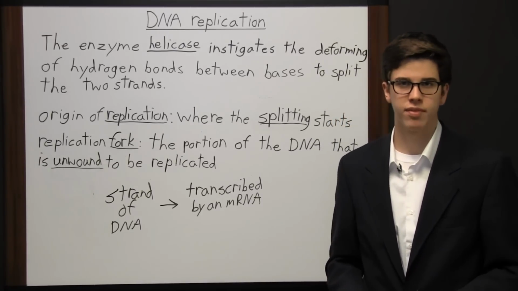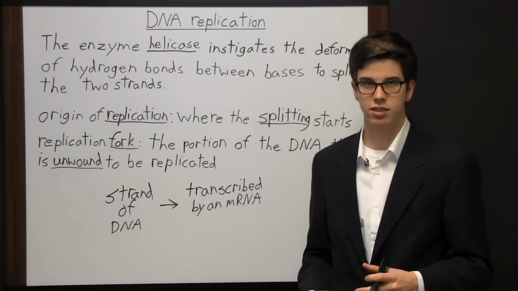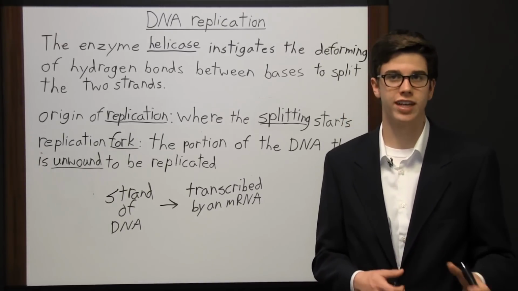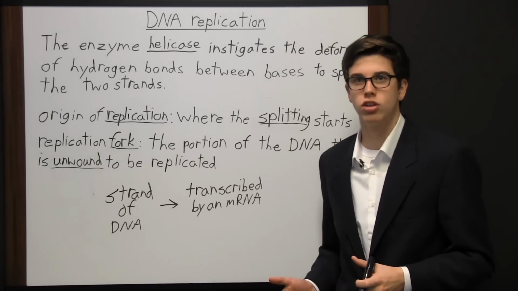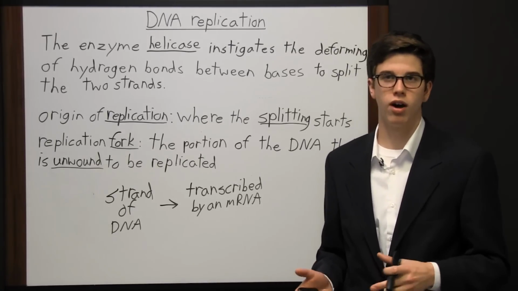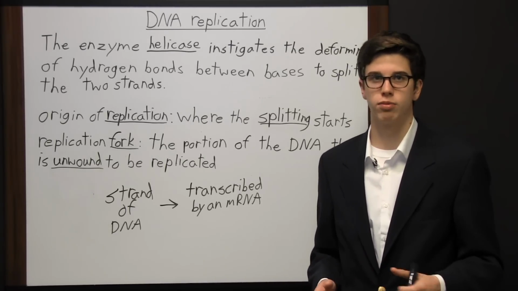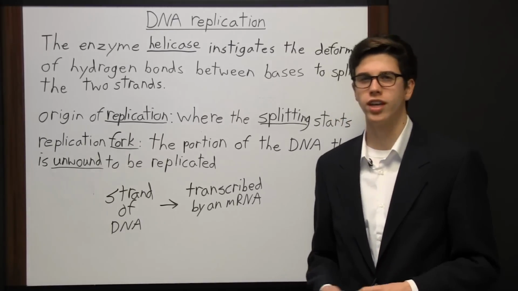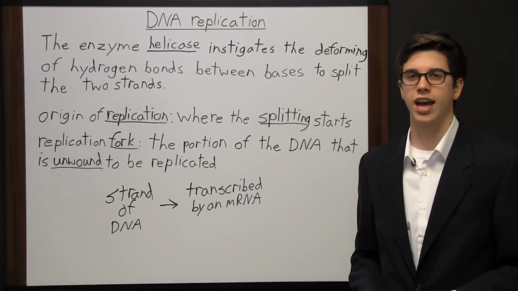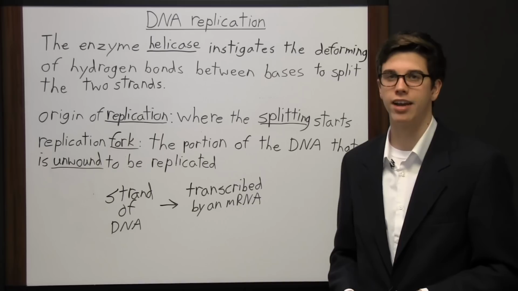Now the exception here is that thymine is replaced by uracil. Now thymine is only in DNA, so it can't be transcribed over to RNA. And so thymine is replaced by uracil, which is only in RNA. So that's a look at the process of DNA replication.